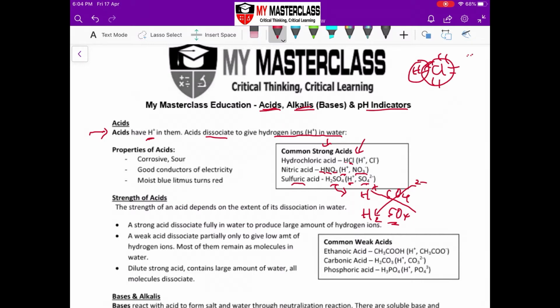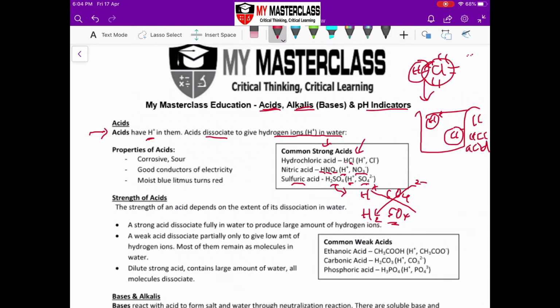This HCl gas over here, your hydrogen chloride gas, if I have a beaker of water and I bubble this hydrogen chloride gas through it, it will dissociate, or ionize, to form H plus and Cl minus. So it will separate out, it will dissolve. And then this whole thing becomes your HCl acid, your hydrochloric acid.